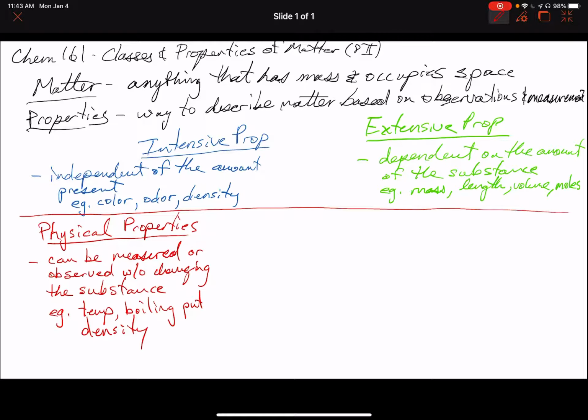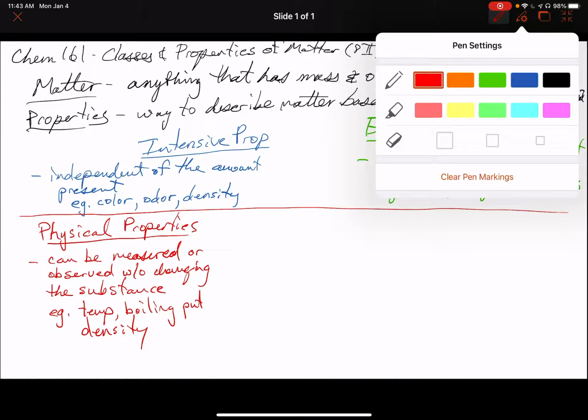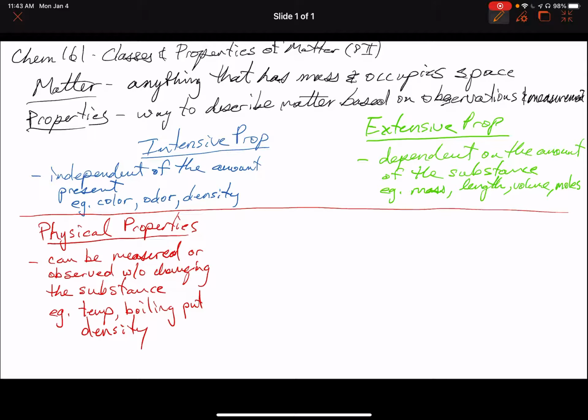Okay, let's contrast that now to chemical properties. Chemical properties consist of properties that describe how a substance will react. This will trigger a change of that material into a new substance with its own set of new properties.